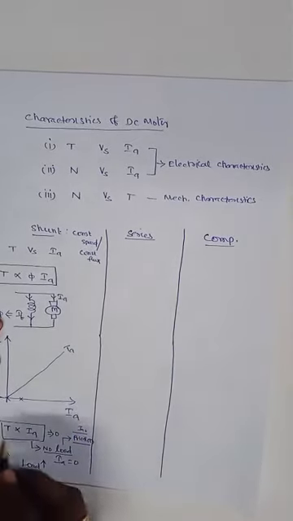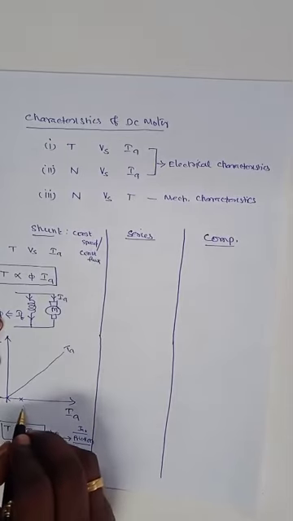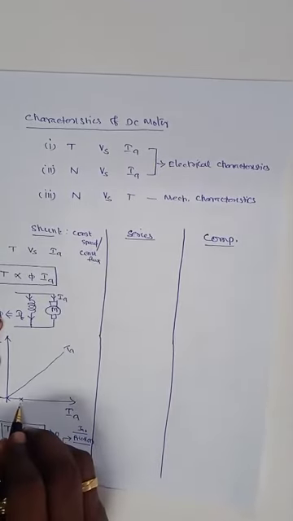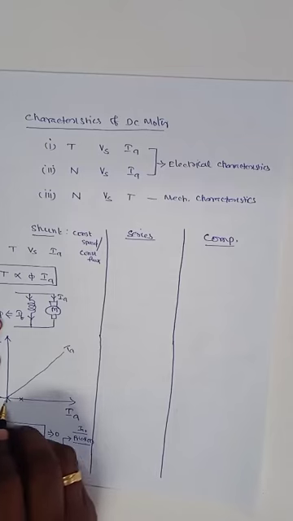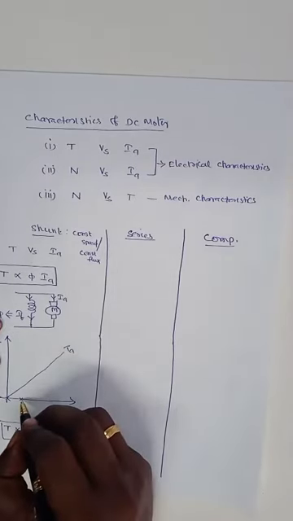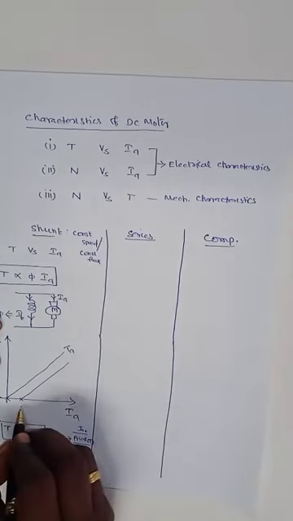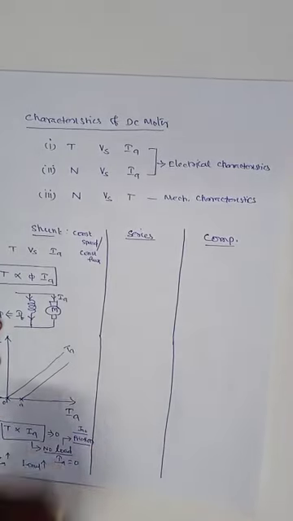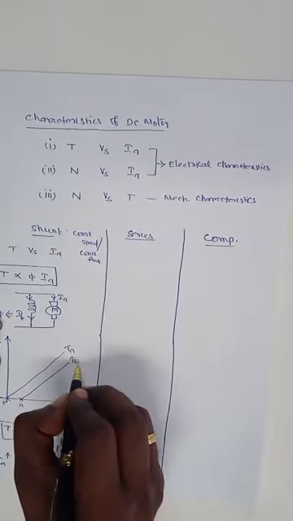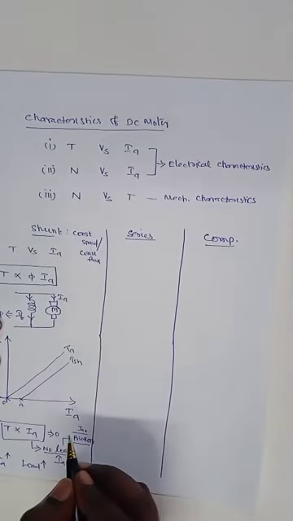So it will be marked here. Under no load, current is there, but there is no torque. So the shaft torque starts from this point A, but the armature torque starts from point O.